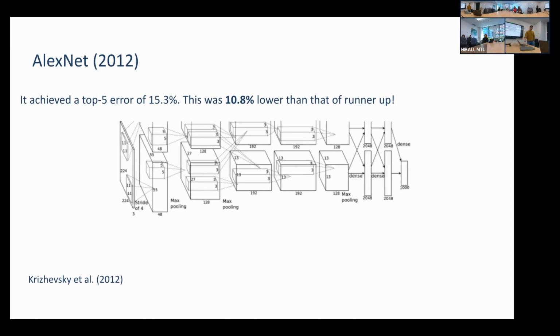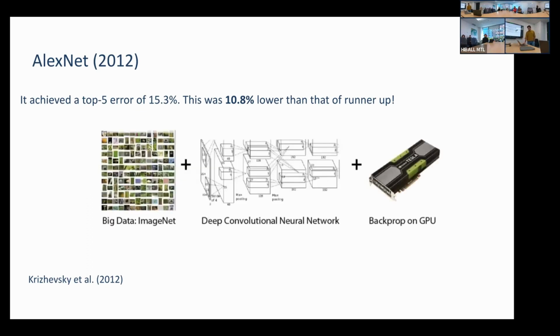And after that, we had a revival of deep learning and artificial neural networks. They became very popular, and since then, they have been the dominant technique in AI, machine vision, and machine learning in general.